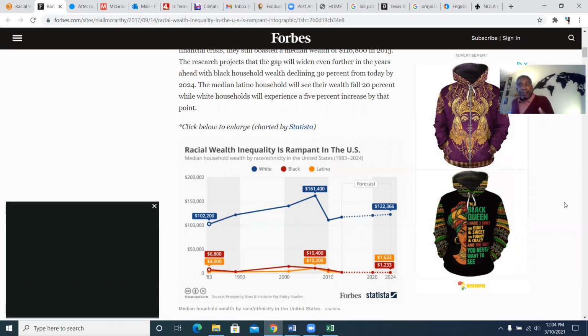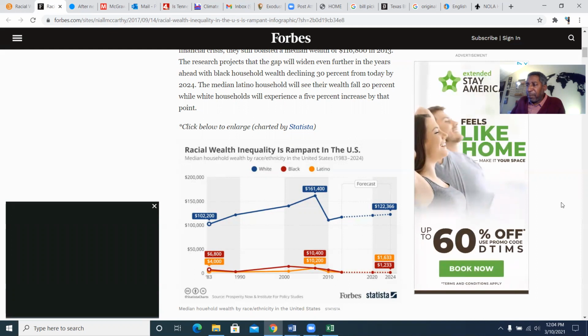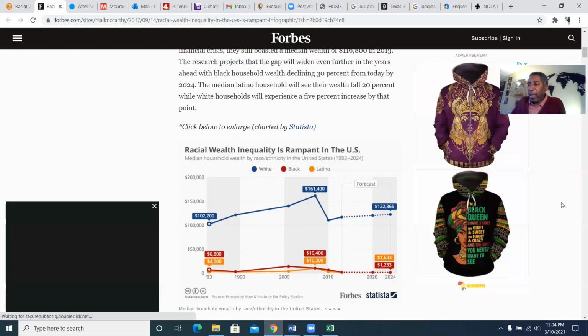But if you look at the period after 2008, this is where it really gets, I don't want to say interesting, to some degree I want to say sad. But if you look at this, what happened was, yeah, certainly everybody took a hit. White, Black, Latino households all took a hit in 2008 during the recession, housing market collapse.